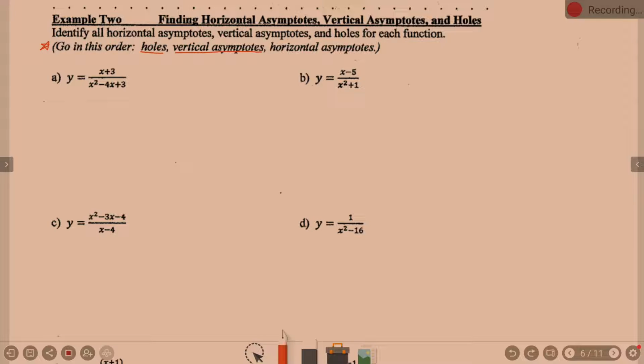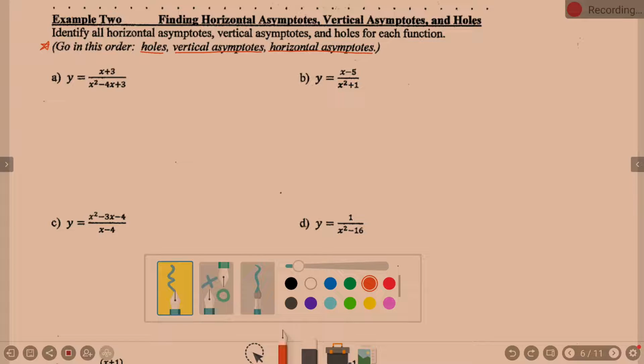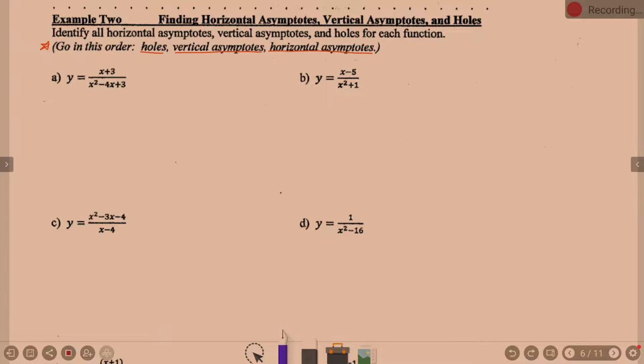And then after vertical asymptotes, then we'll ask ourselves, are there any horizontal asymptotes? Honestly, horizontal asymptotes can be done at any point. The key is to always check holes before vertical asymptotes is a good rule to follow there. So, with that in mind, first question we're going to ask ourselves, are there any holes?